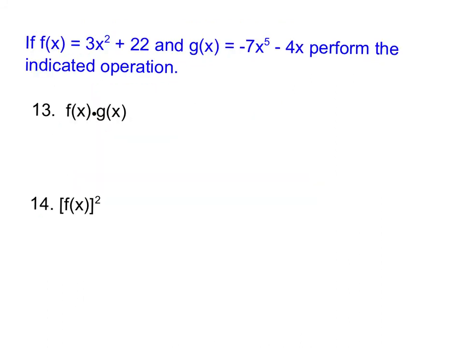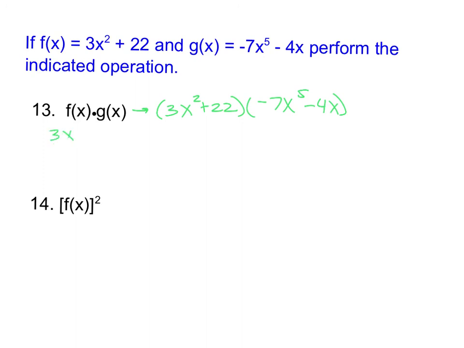All right, last one. Again, same process, nothing new. This is just again, that different notation where here's f and g, figure out what you get. All right, so multiplying, so we have 3x squared plus 22 times negative 7x to the 5th minus 4x. Right. So pause and try this.